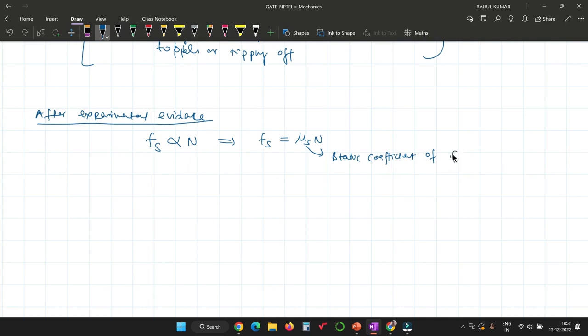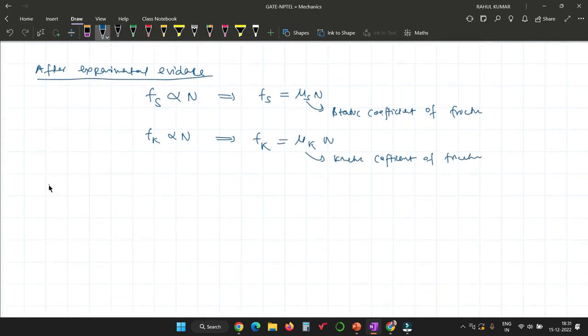And the kinetic friction is also directly proportional to the normal reaction, and when you remove the proportionality, another constant comes into the picture, which is called the kinetic coefficient of friction.